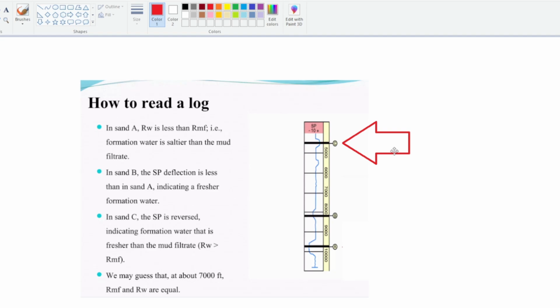So the water resistivity is greater than the mud filtrate resistivity, and this is why we are getting the deflection to the right. And at 7,000 we have no deflection whatsoever. If we have no deflection, it could be that this is our base shale line, it could be that it's just a shale, or it could be that there is a sandstone, but the resistivities of the two fluids, formation water and mud filtrate, are the same. So in that case, we see no deflection whatsoever.